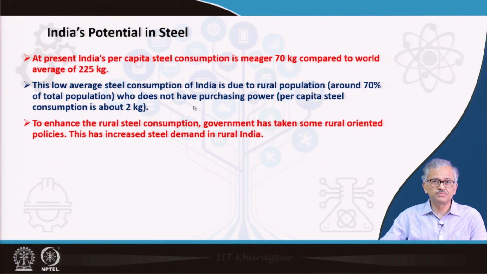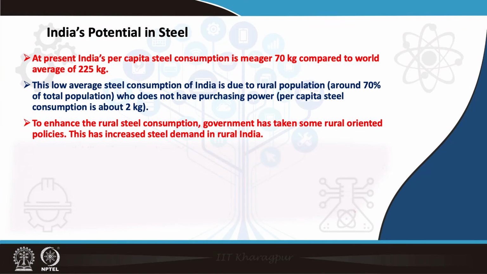Also some infrastructure development can take place there. To enhance rural steel consumption, the government has taken some rural-oriented policies. This has increased the steel demand in rural India, but we have a long road ahead, such that as consumption in rural areas increases, this will go up.